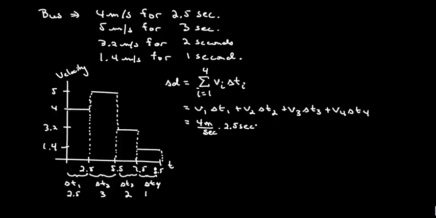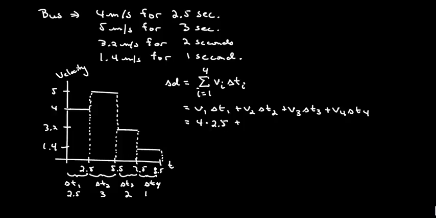The seconds will cancel out, and I'll be left with just meters. Now I'm going to stop writing seconds and meters to save some space, but we know the end result is in meters. So this is the velocity times the amount of time that we were at that speed.